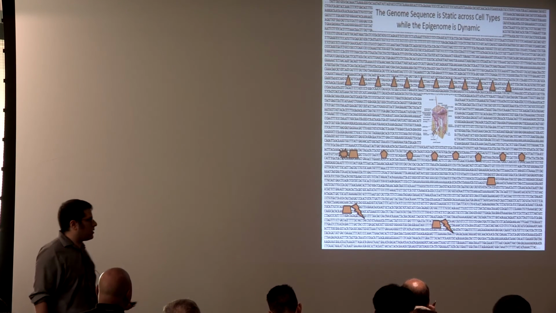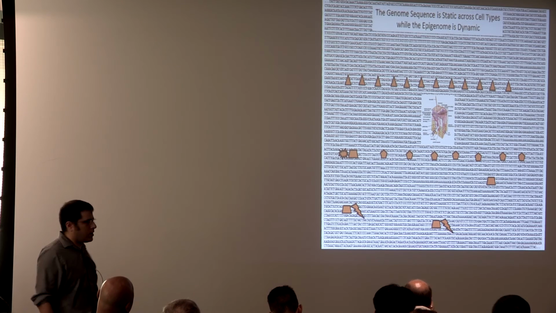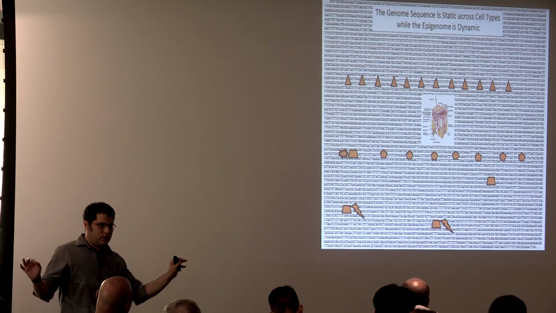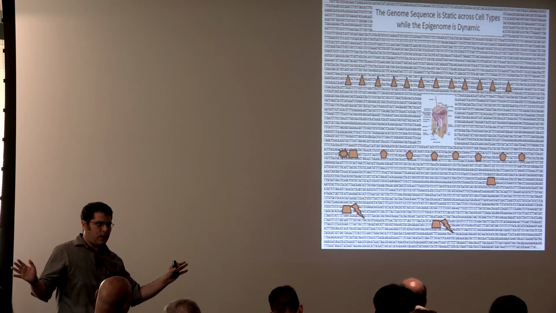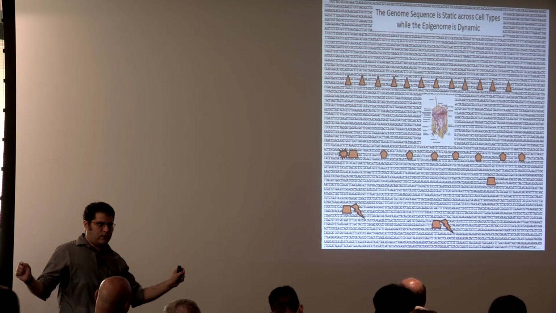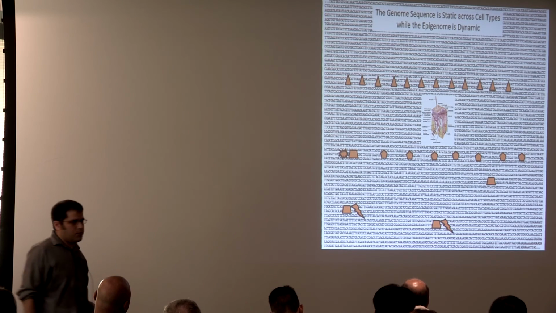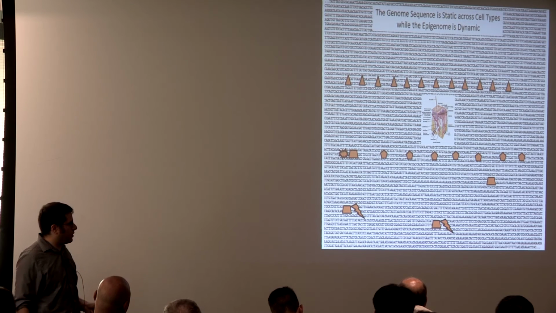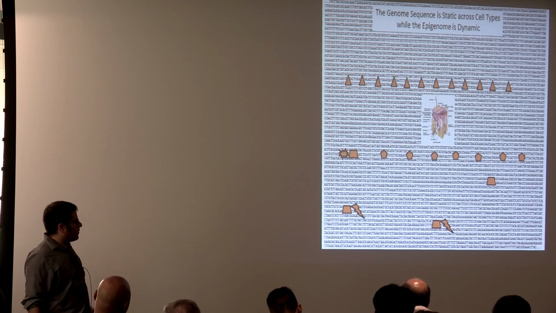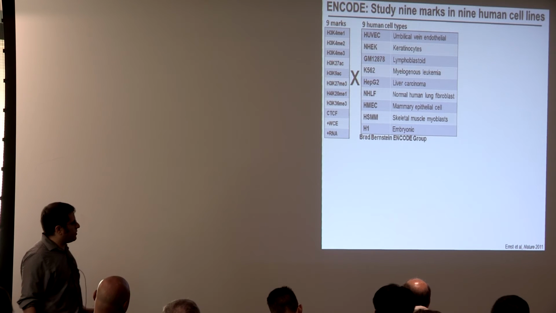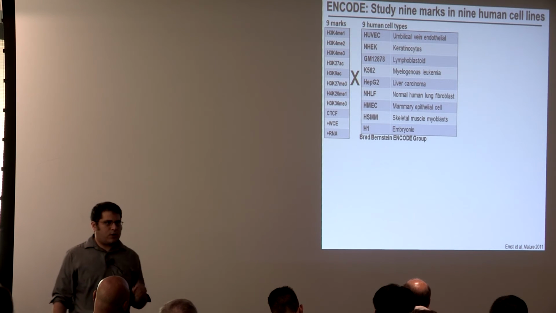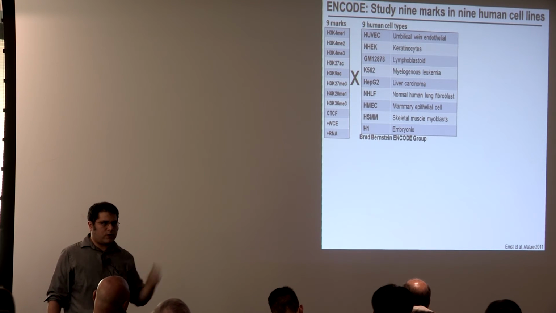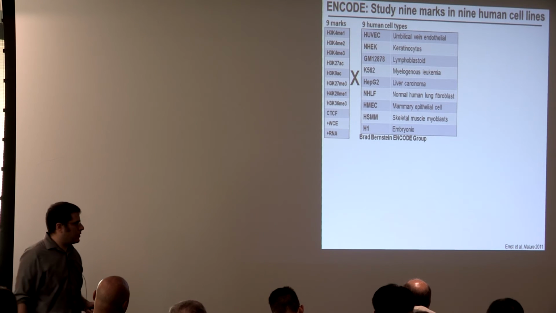So this can help interpret why, in very different cell types of your body, you share the same DNA sequence, but the epigenome could be quite different in that different regulatory elements are active in different cell types potentially. So there's a lot of information to be gained by mapping these epigenetic marks not just in one cell type, but many different cell types.